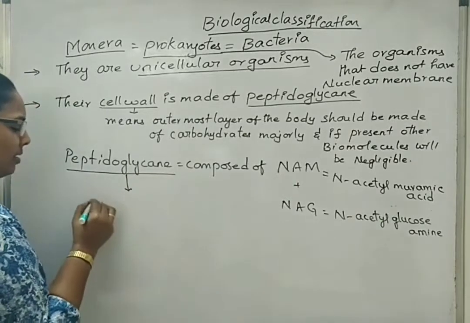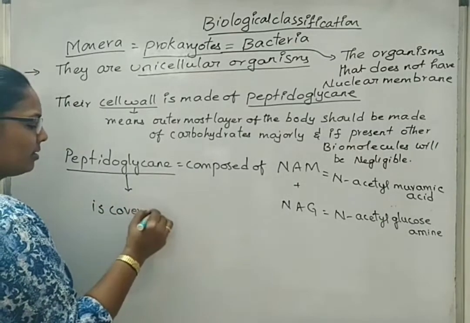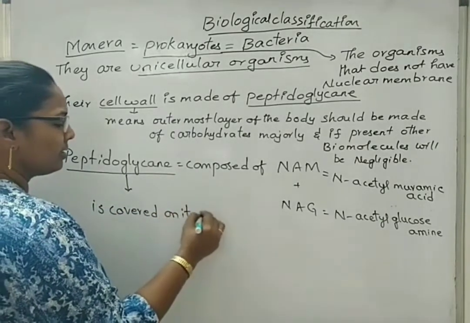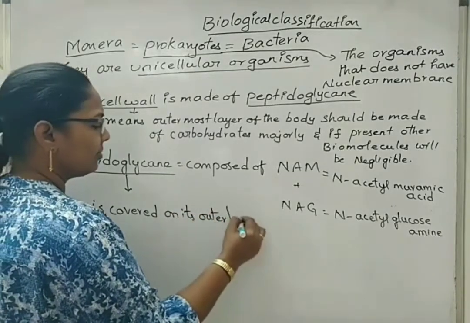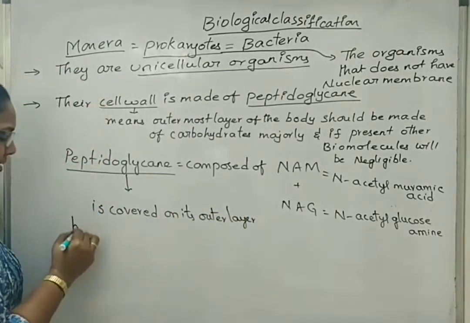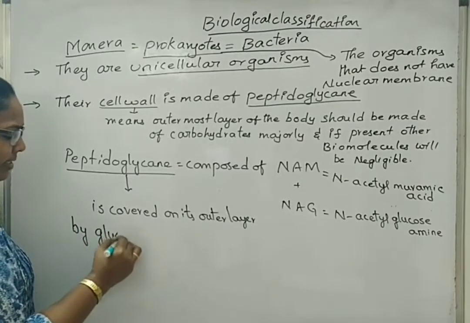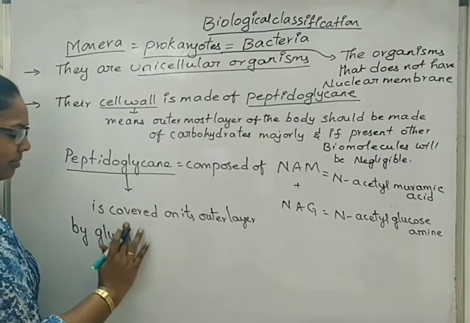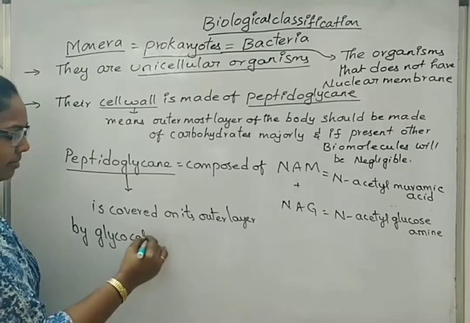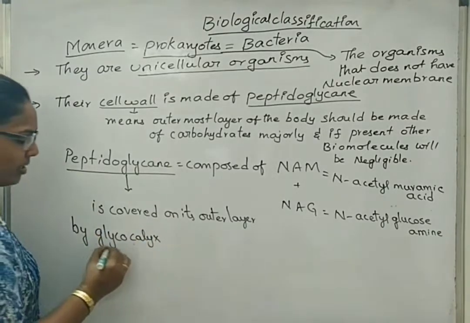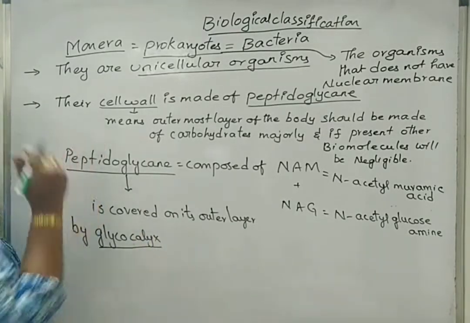Peptidoglycan is covered on its outer layer by glycocalyx. So this is the outermost layer that is present on the cell wall.